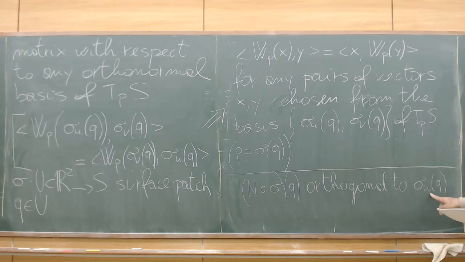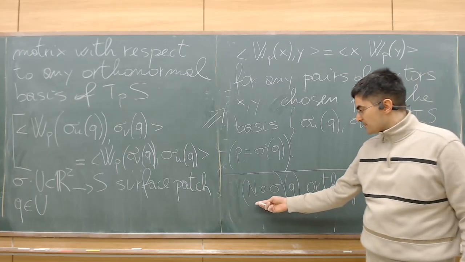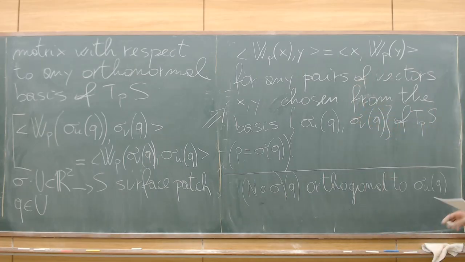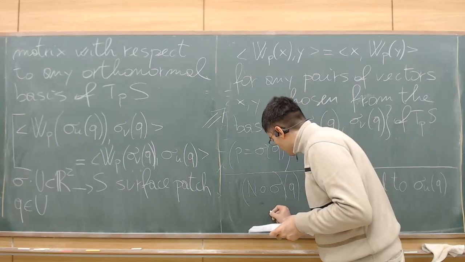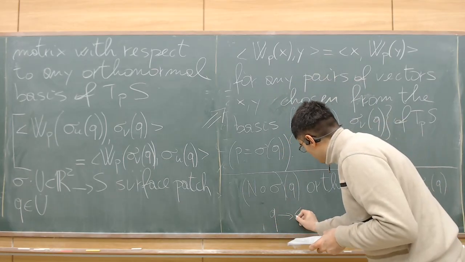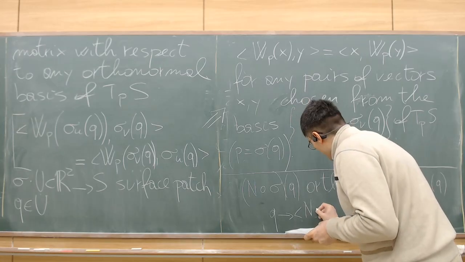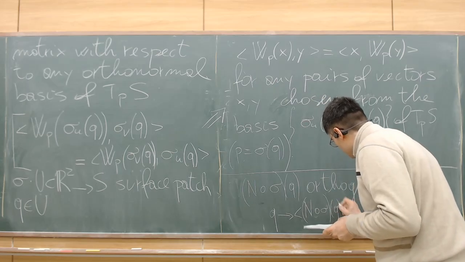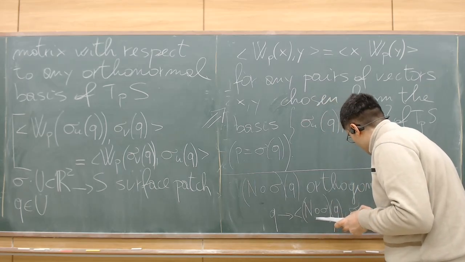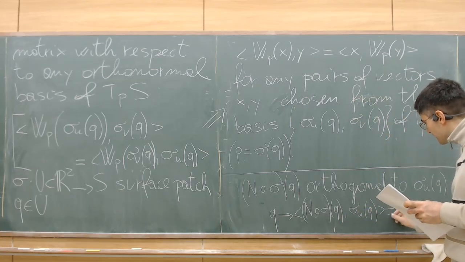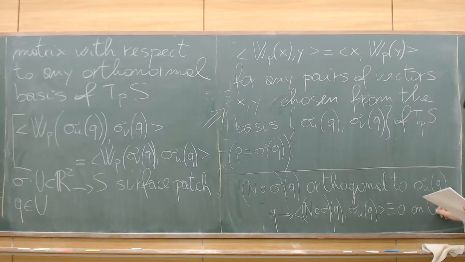Why? Because this is a vector which spans TPS, and this is a vector which is orthogonal to the surface. Then this means that the map q goes to the inner product of N composed with sigma evaluated at q multiplied by sigma u q. This is identically 0 on U.